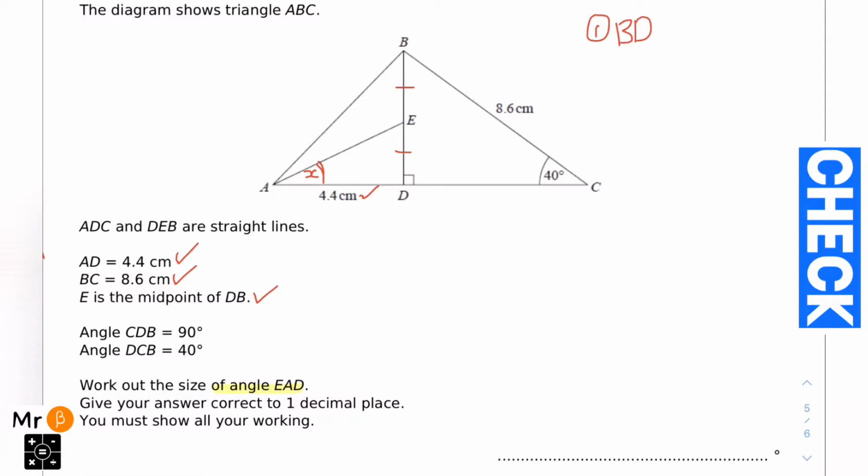That'll allow us to work out what ED is, because we know it's halfway, because it's the midpoint. And then once we've got ED, we'll be able to work out that missing angle. So ED, and then step 3, angle X.